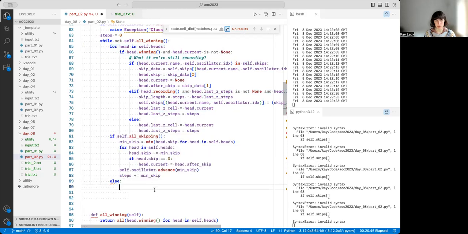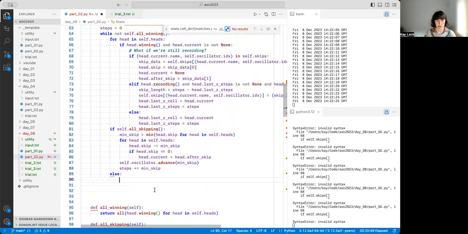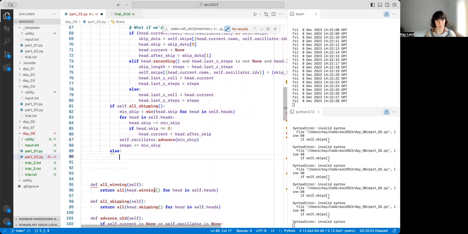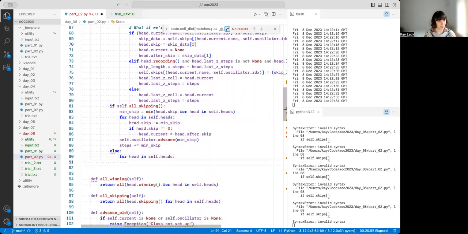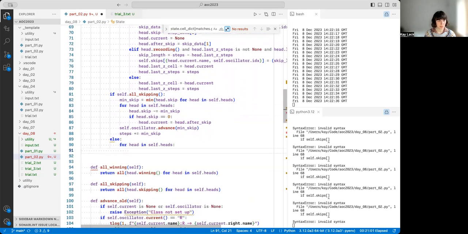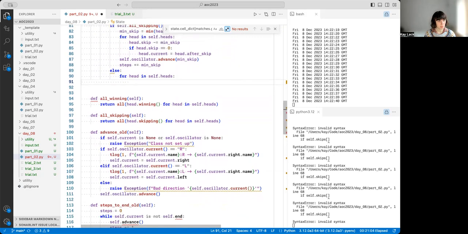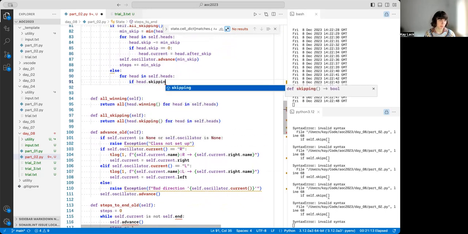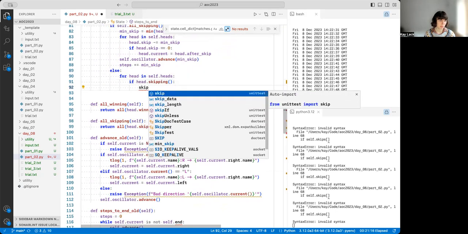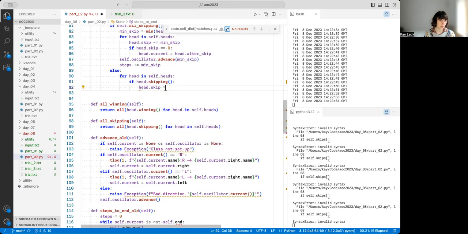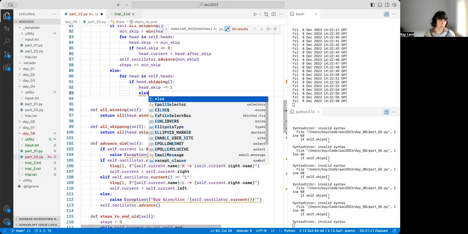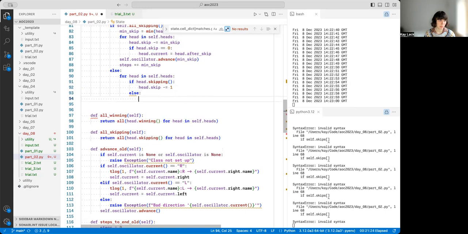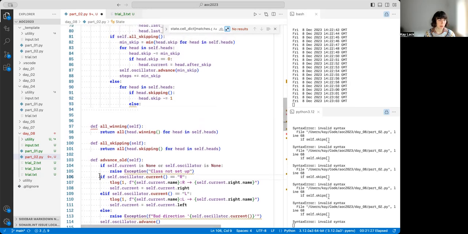And then otherwise, we move to the stepping logic, and we use this logic.